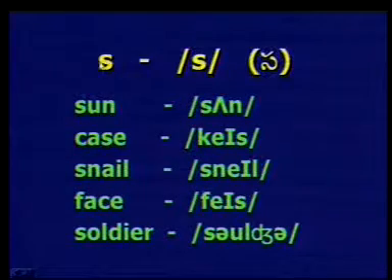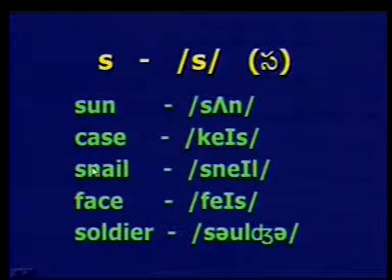So we begin with the S sound. S is represented by the letter S, and the symbol also is S. It is very much corresponding to the Telugu alphabet Sa. S-U-N, sun. C-A-S-E, case.